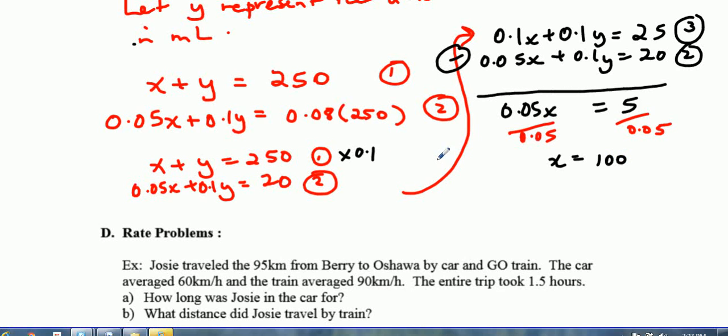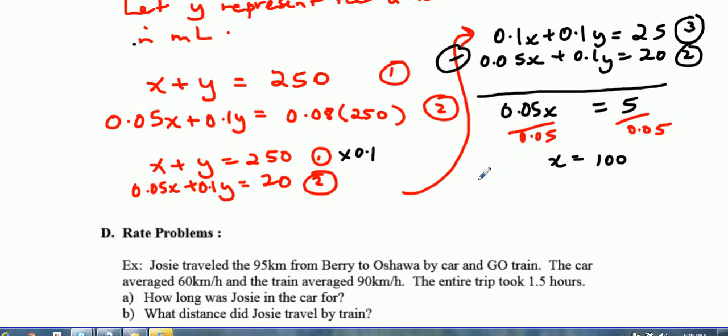Okay, so I need 100 mils of the 5% acetic acid, and that means I need 150 mils, of course, of the 10%, and that will give me an 8% solution for the 250 mils.